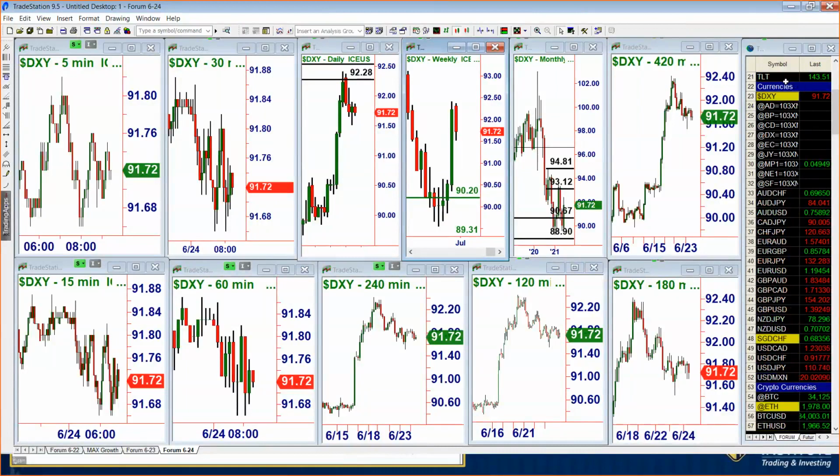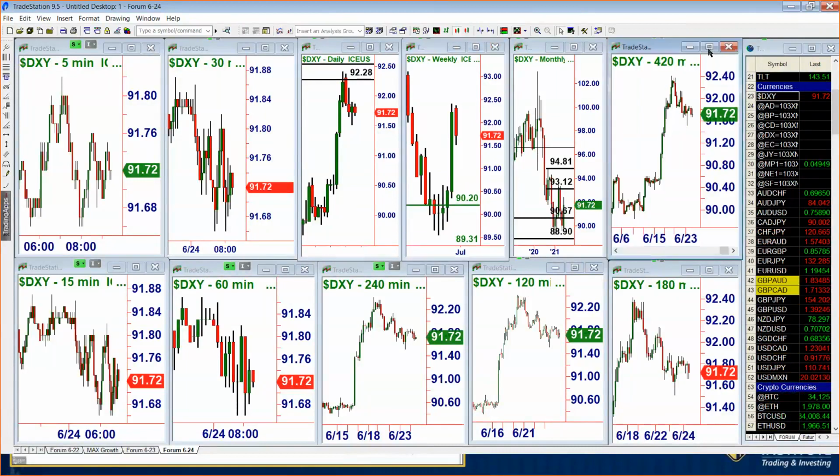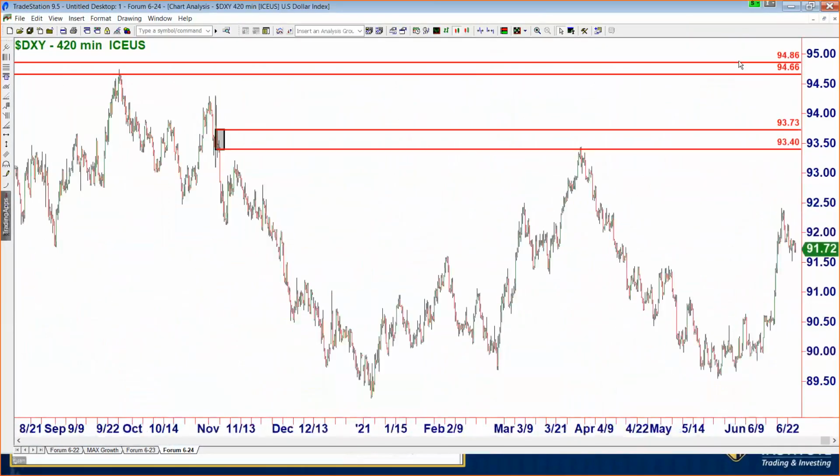But there's more. Let's take a look. We can move to some smaller time frames here. So don't forget, we've gone over the 93.40, and while price has already touched this zone, the fact that it just touched it and fell means we would use it again.